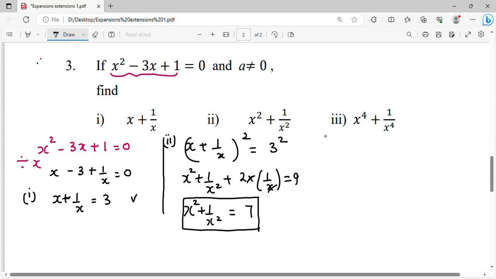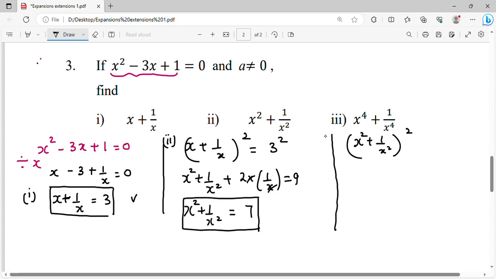Here this is basically very simple. Only the starting is a little bit challenging, but if you know what to do, it becomes easy. Now let's look at the third one. You just have to square this. So again, we square x squared plus 1 by x squared the whole square, which is equal to 7 squared: x power 4 plus 1 by x power 4 plus 2x squared multiplied by 1 by x squared is equal to 49.